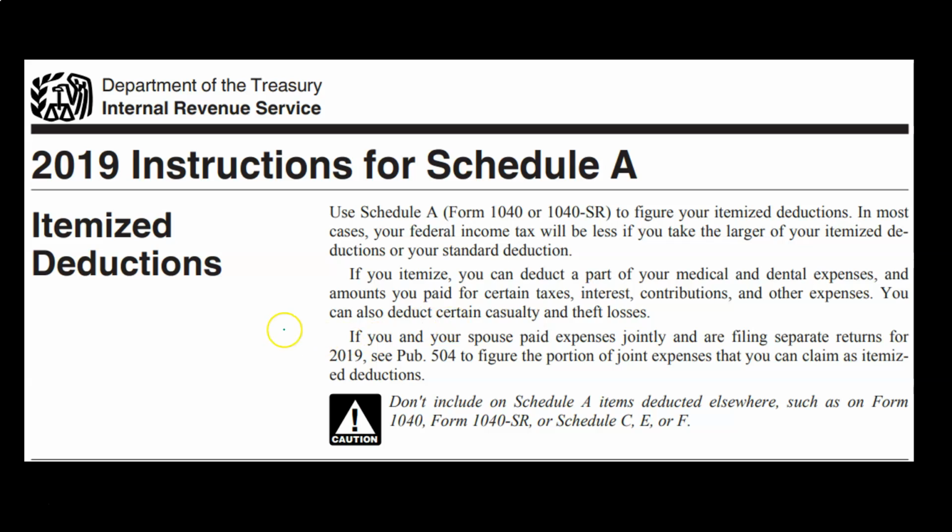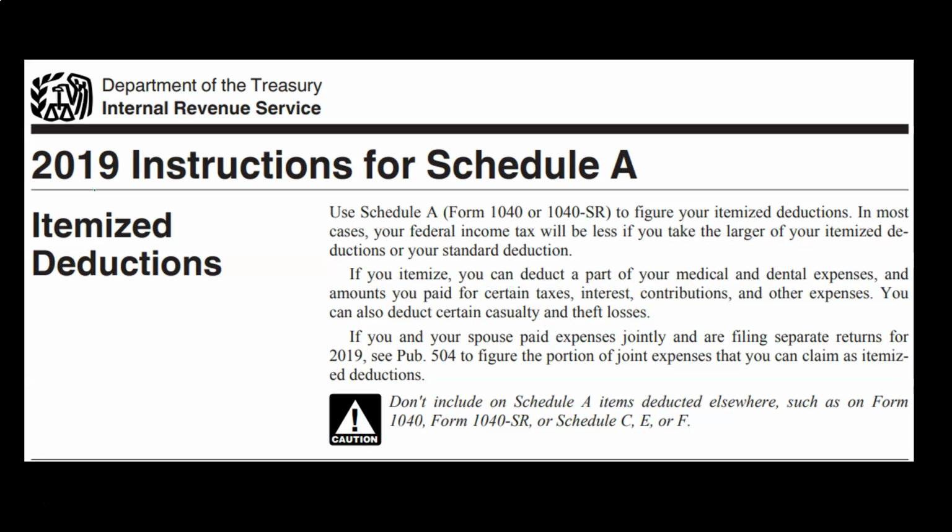Now note, although the 2020 Schedule A is out, the instructions for 2020 are not out yet. So the information below it, we're going to get into more detail. We've started out with the 2019 information, a lot of it coming from the 2019 instructions, and then made adjustments to it where applicable.